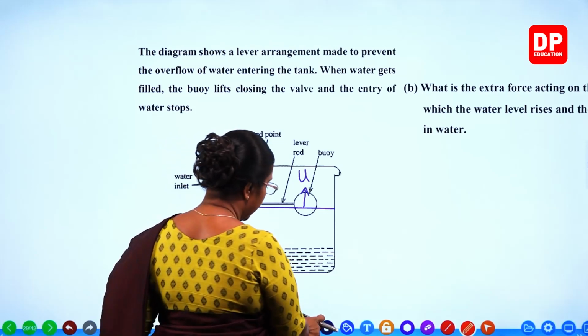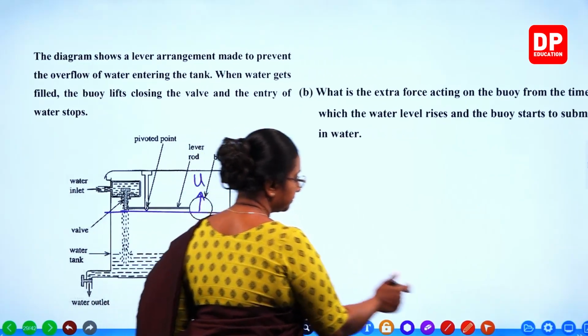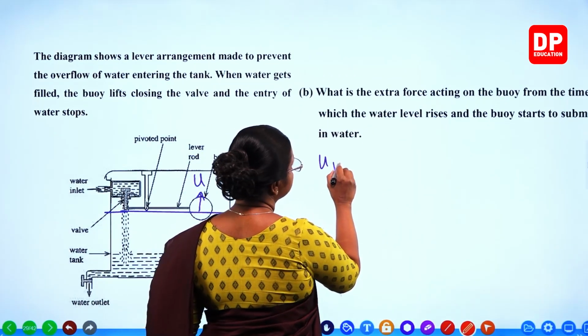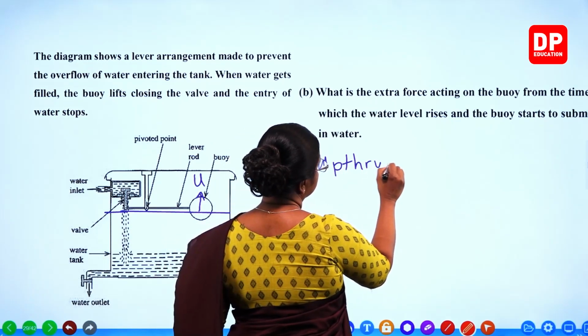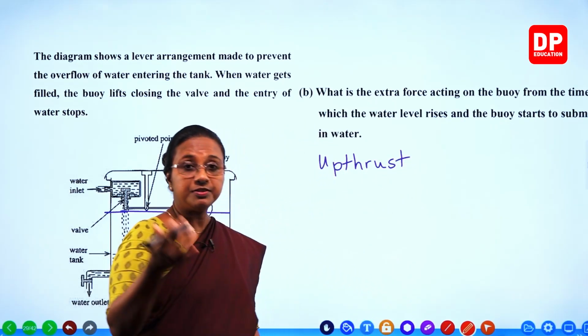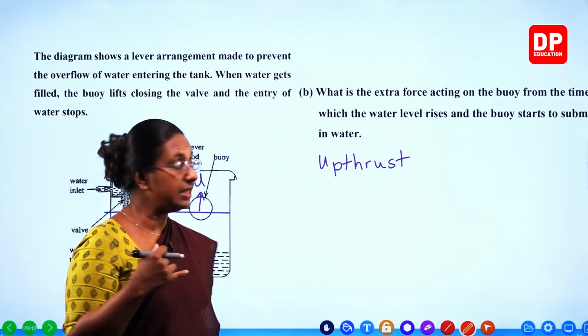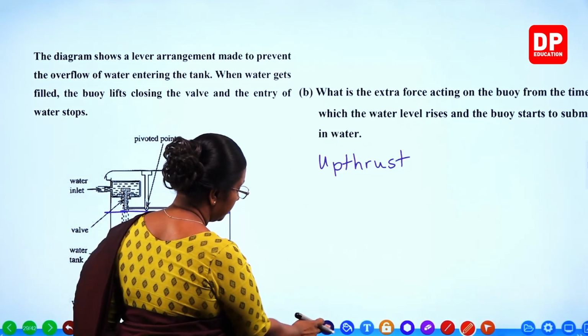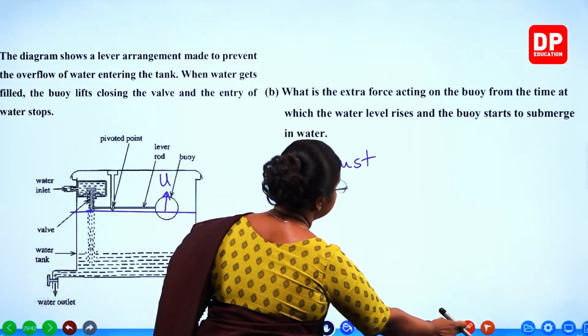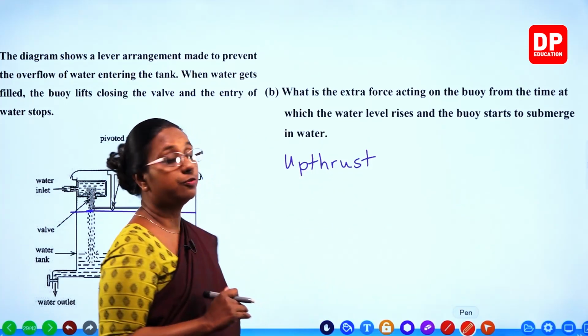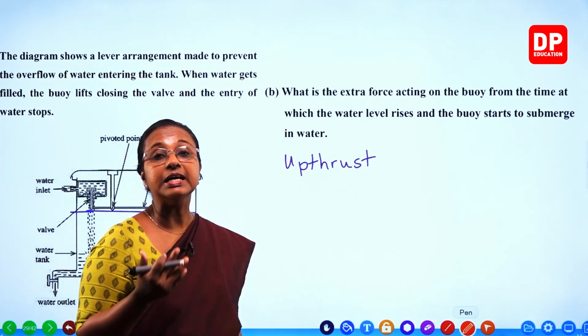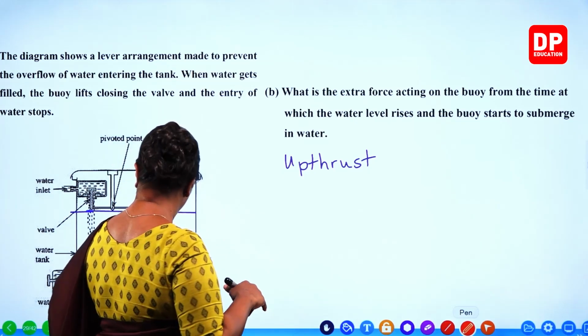So that is the answer for this question. Upthrust. So that is after the buoy gets submerged in water. Is that clear, student? So here you can see what is the extra force acting. So that is going to be the upthrust. I explained all that to you.